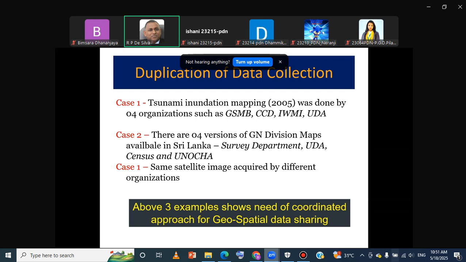And if you look at some of the very clear examples of this duplication of data collection, the first case I want to present is tsunami inundation mapping.